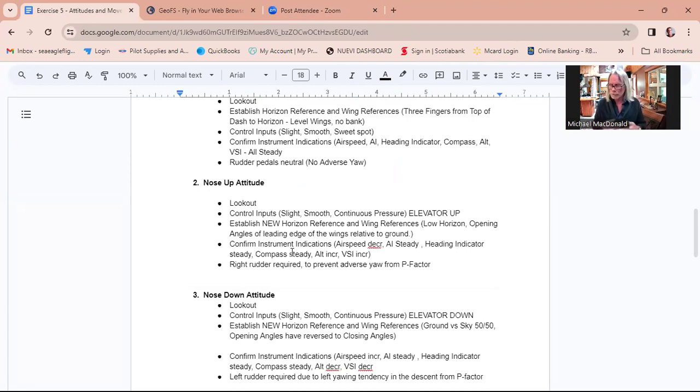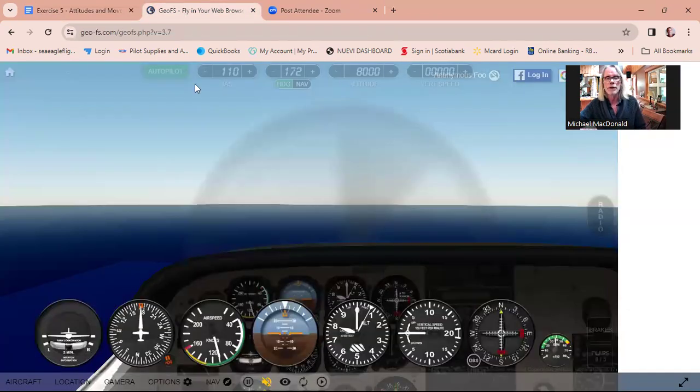Now, what I will do is demonstrate to the student what happens to the view and the instrument indications when I apply rearward pressure on the control column, i.e. a nose-up attitude. I would ask the student, when I get them to try it, to use slight, smooth, continuous pressure of the up elevator. What's going to happen is we will quickly establish a new reference horizon, and you'll see it out the window. Let's try it. I'm going to pitch this aircraft up a little bit.